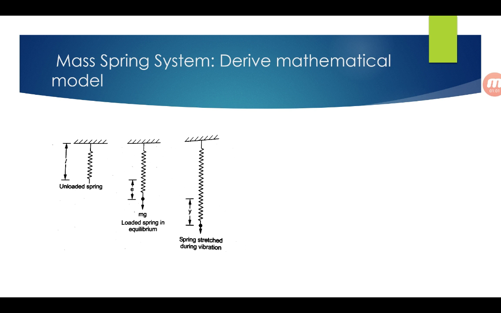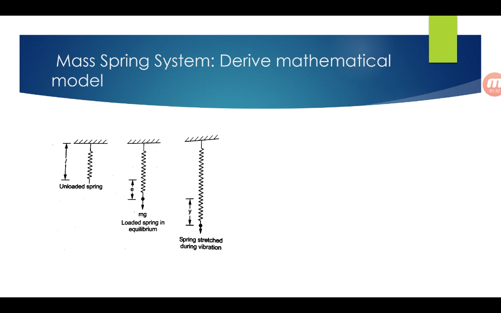After loading that spring with some weight, what happens? Its length gets changed by some amount. Say the original length is L and now the extended length is L plus E. When that mass is attached to the spring, that mass goes in the downward direction because of gravity.